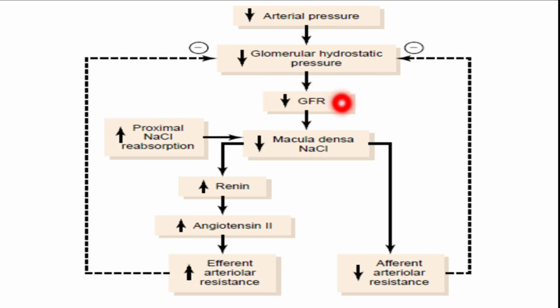Now when GFR decreases, the rate of flow of the glomerular filtrate in the proximal convoluted tubule will decrease. I will tell again that when GFR is decreased, less glomerular filtrate is formed and its rate of flow in the proximal convoluted tubule will also be decreased.